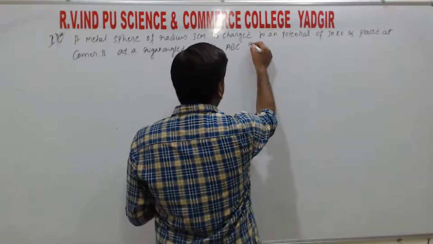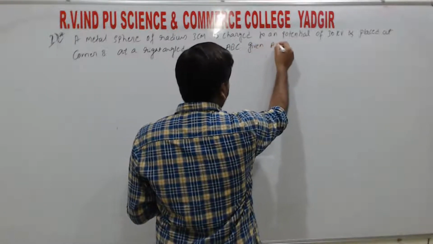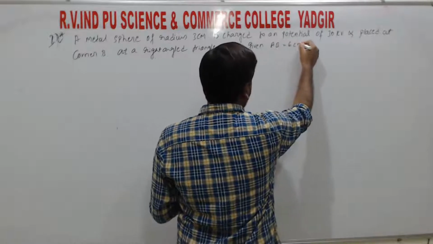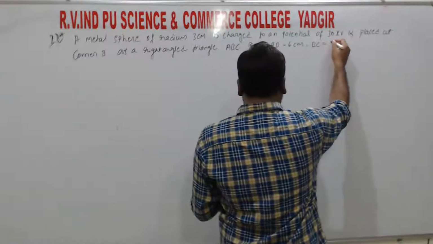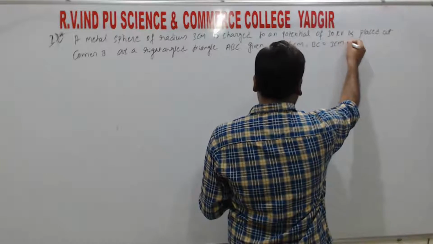Given AB is equal to 6 centimeter, BC is equal to 3 centimeter.